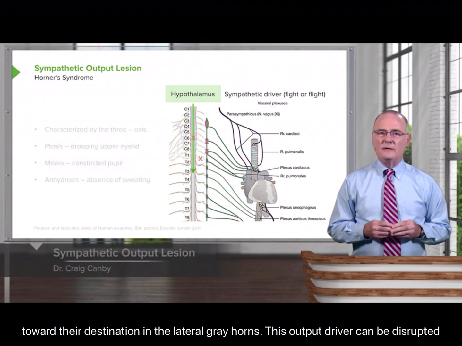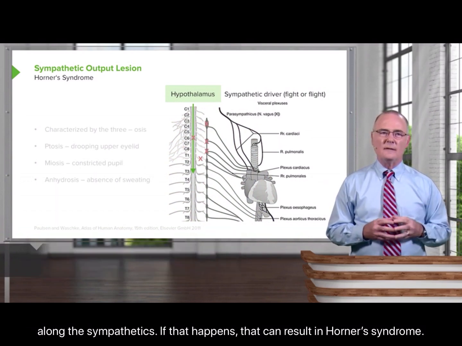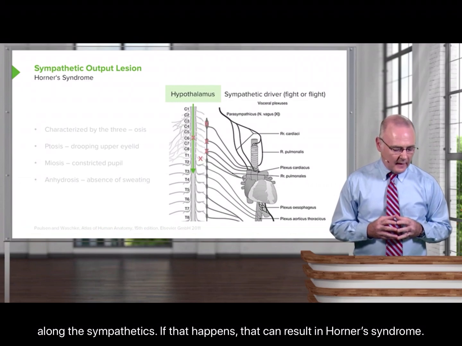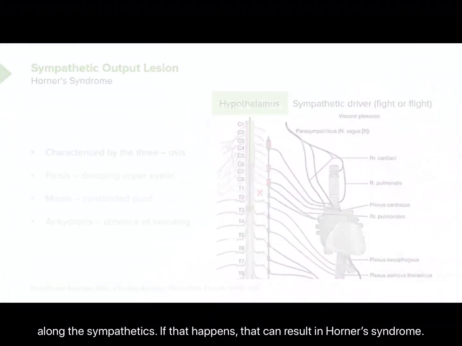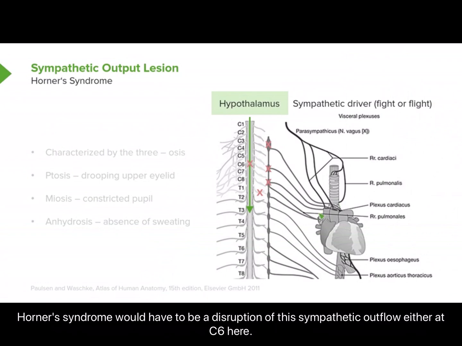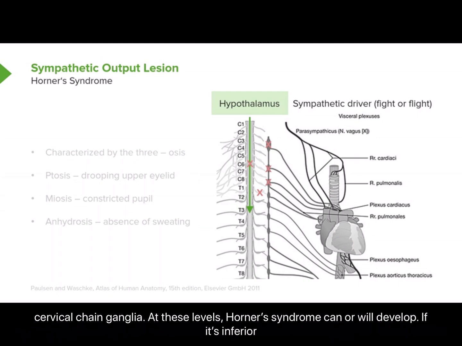This output driver can be disrupted along the sympathetics, and if that happens, that can result in Horner syndrome. Horner syndrome would have to be a disruption of this sympathetic outflow, either at C6 here, could be out here at T1, and here's a disruption here, here, or here with the more superior cervical chain ganglia.